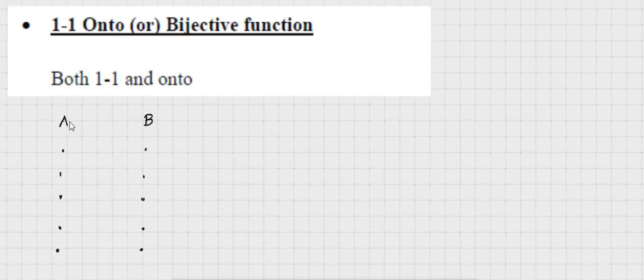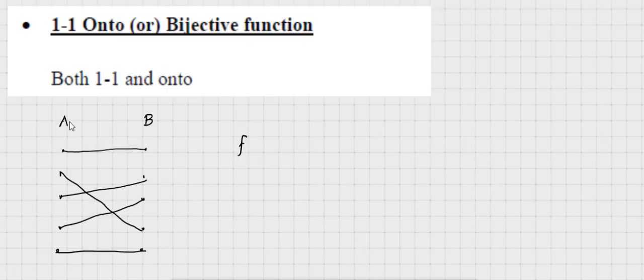Okay, so now I am just defining like this. You can mark wherever you like. See, it satisfies the definition of a function. Function means all the elements have output and all have only one output. Function is satisfied.